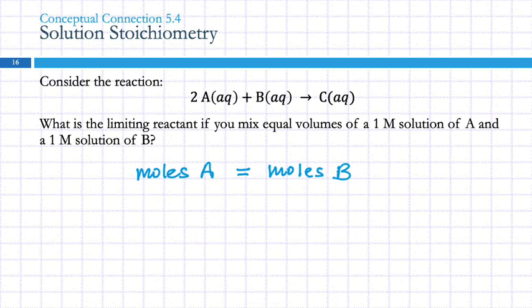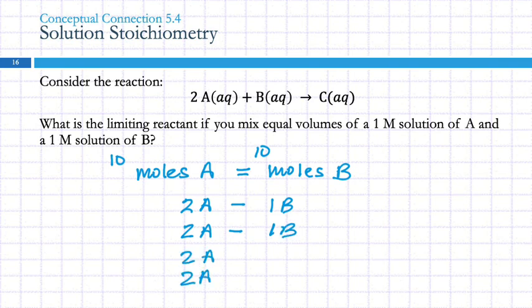Let's just say we had 10 moles of each of these. So I use 2 moles of A to 1 mole of B, and I use another 2 moles of A to 1 mole of B, and so on. I should have made it a smaller number. So here, 2, 4, 6, 8, 10. There's all my moles of A gone.